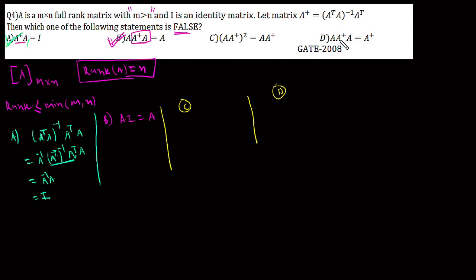Let's again replace this with identity from option A, because option A is true, we have proven option A is the true relation. So I can write A times identity, and it again gives me A. But in option D they have written on the right hand side A plus, and I am getting A here, so this relationship must be false.